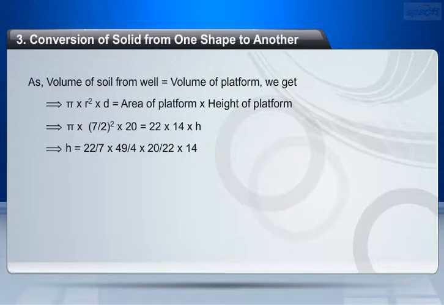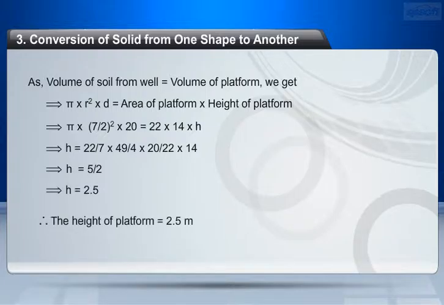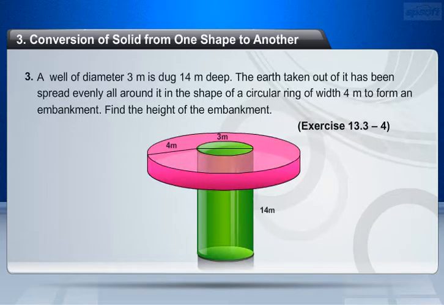Cancelling pi on both sides, and on simplification we get 9 by 4 into 14 equals 112 by 4 into h. This implies that h equals 9 by 8. This implies that 1.125. Therefore, the height of the embankment will be 1.125 meters.